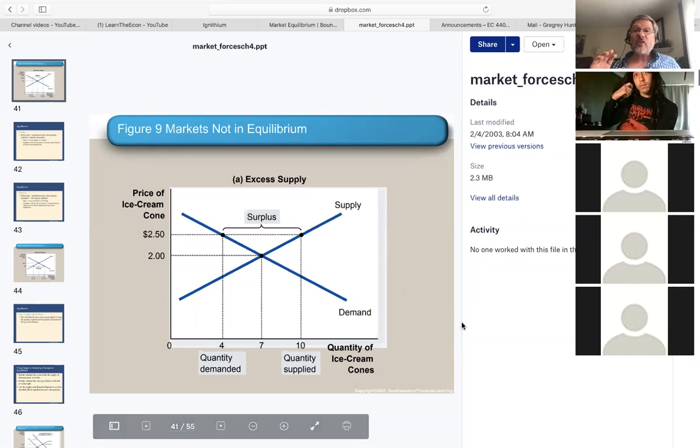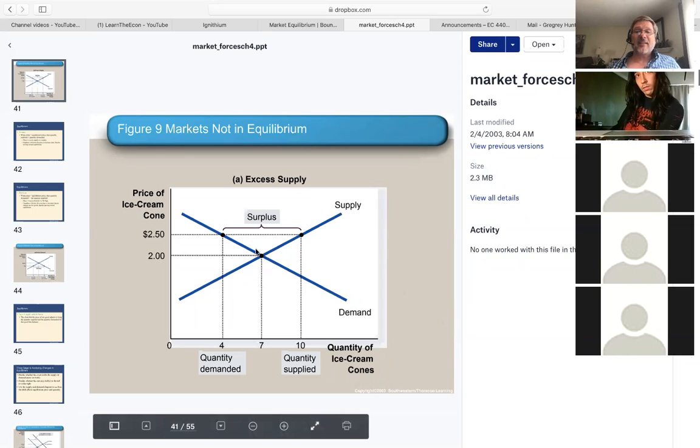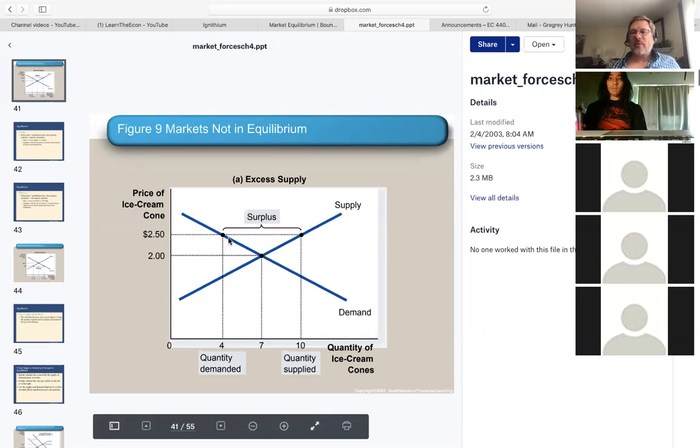Anyway, getting back to our example at hand, we're talking about excess supply. One of the things we want to connect up here is that, sure, it is possible that, for example, the government could regulate the price.